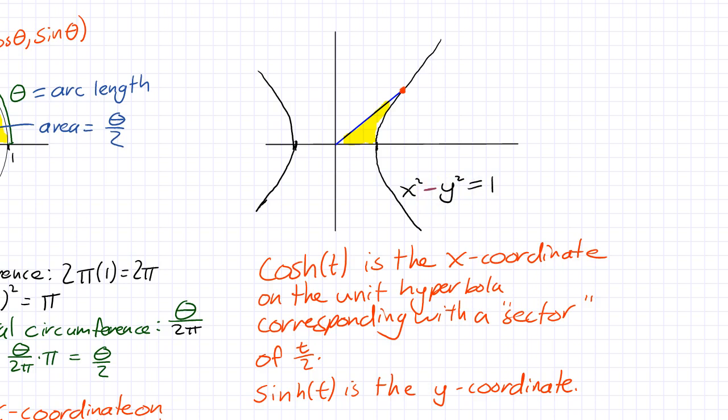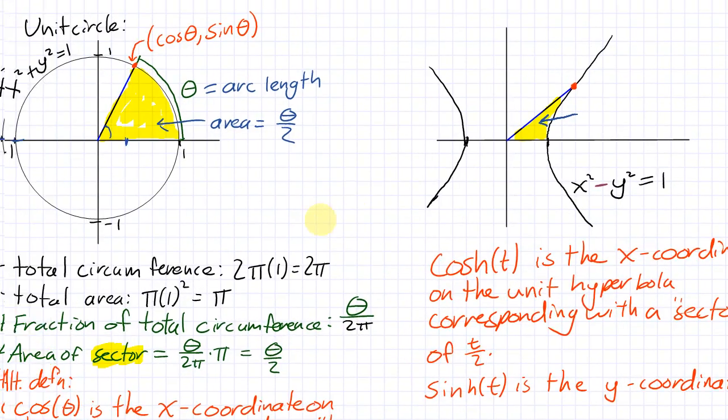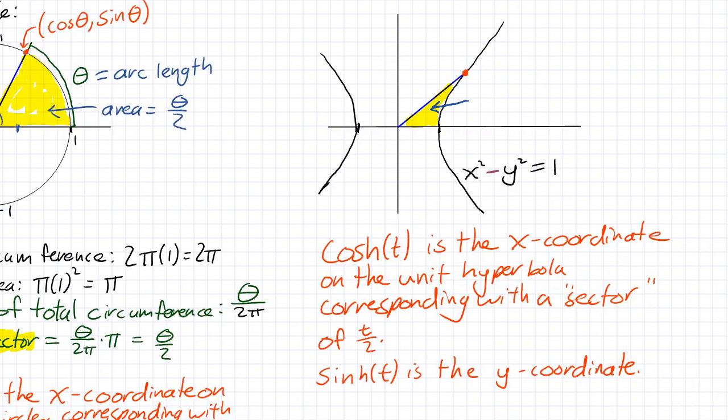And if you take a hyperbolic sector here, which looks like the same idea as with the unit circle, and you say that this area is t over 2, that number t essentially defines some xy point here.